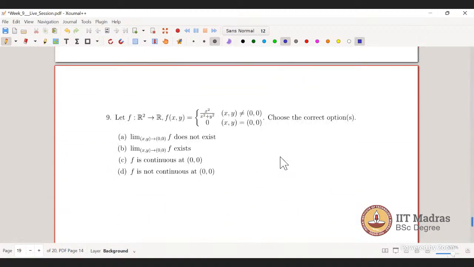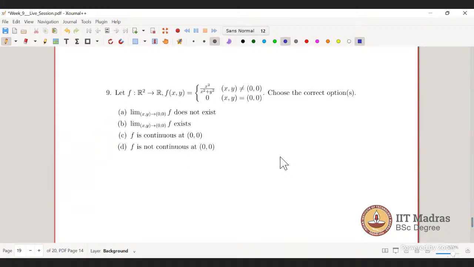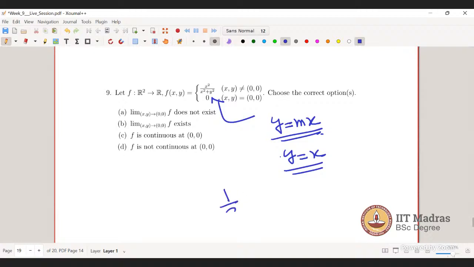Okay, now for this other function, you can check that it is actually not continuous. The same argument, you have to take y equal to mx. If you take y equal to x, then along this line you will get 1/2.